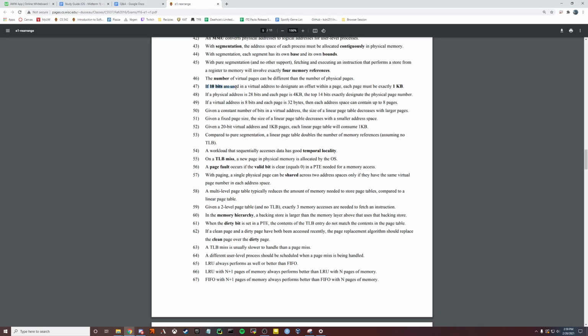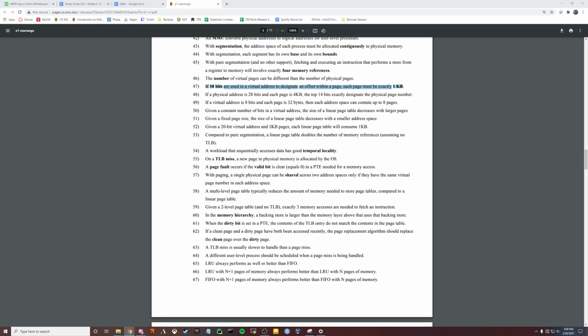Okay. 47. If 10 bits are used in a virtual address to designate an offset within a page, each page must be exactly 1 kilobyte. Let's see. No. I think the page can be a different size even if its offset is at a certain point.